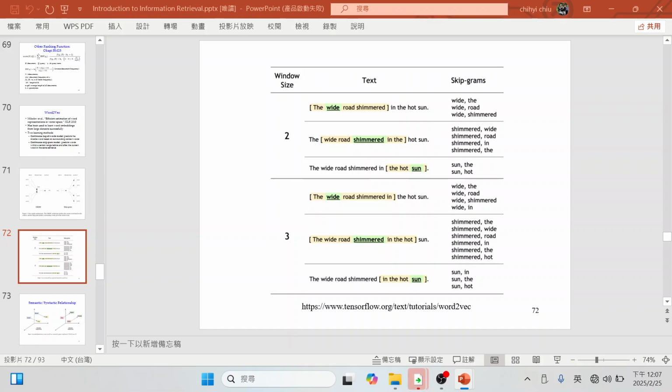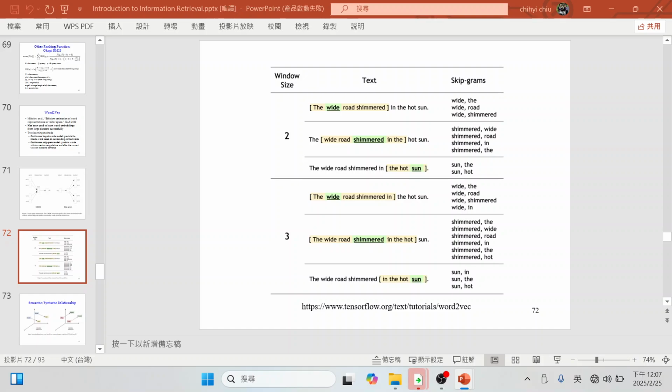And what is skip-gram? Here I show you an example. You can imagine that in skip-gram there's a sliding window that slides over the sentence. Suppose your window size is 2. I will use the middle word as your anchor and try to extract the surrounding words as your skip-gram features. Here the first word is your anchor and the window size is 5.